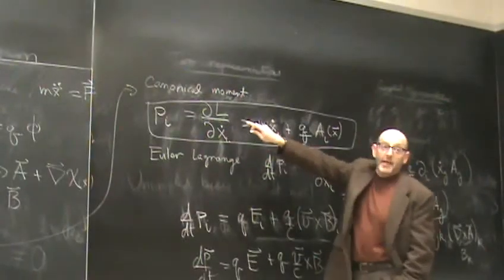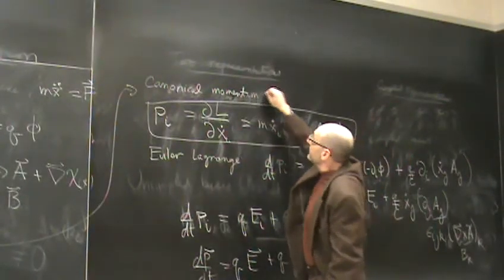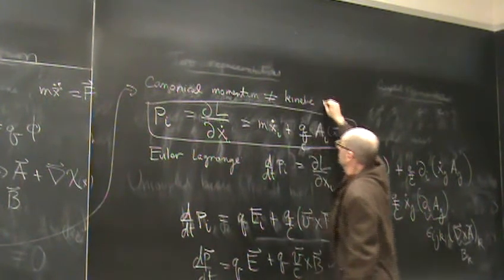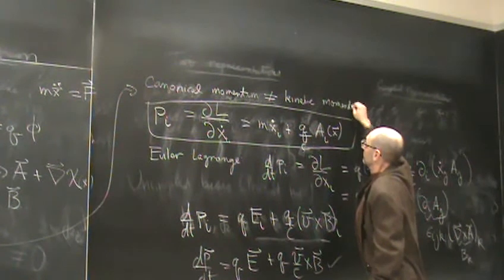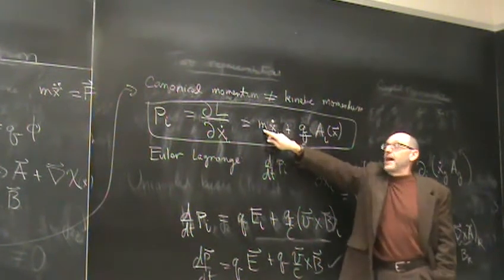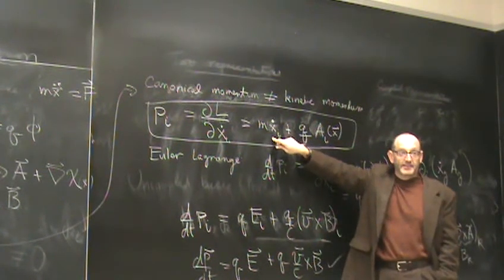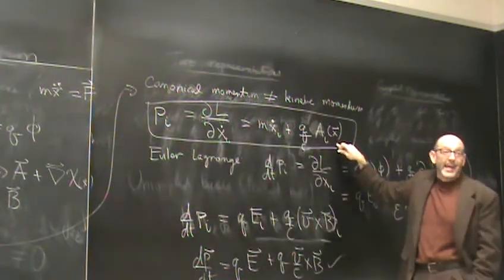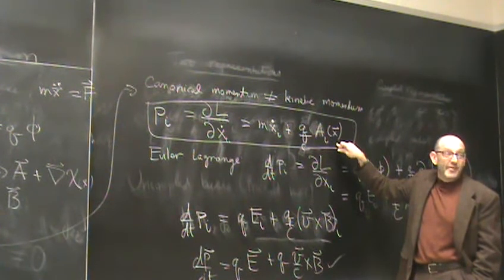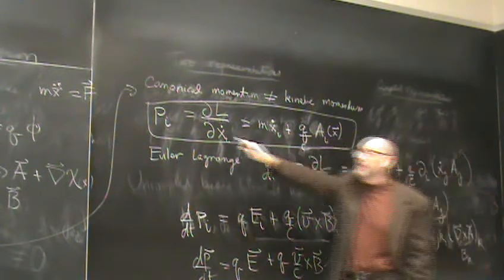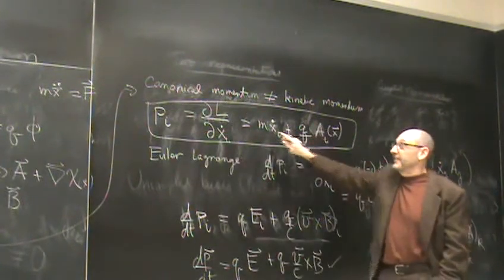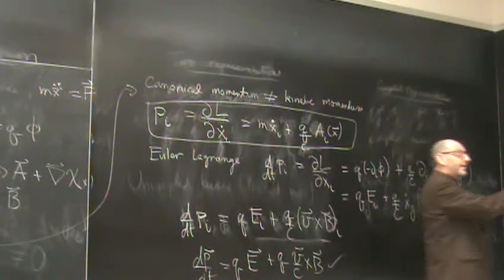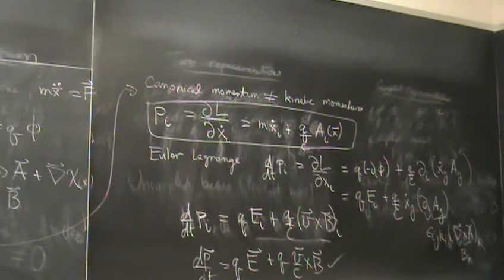The canonical momentum does not equal the kinetic momentum. The kinetic momentum is mass times velocity. But the canonical momentum has this funky additional piece from the vector potential. It is the difference between this and this that is the kinetic momentum. And that's what appears in the kinetic energy. Okay?